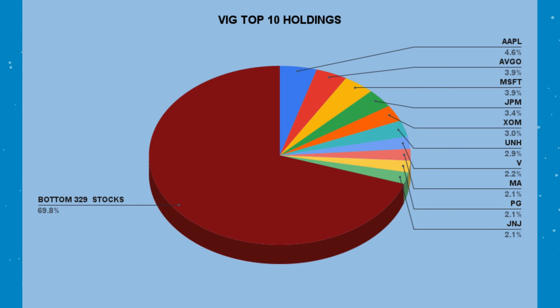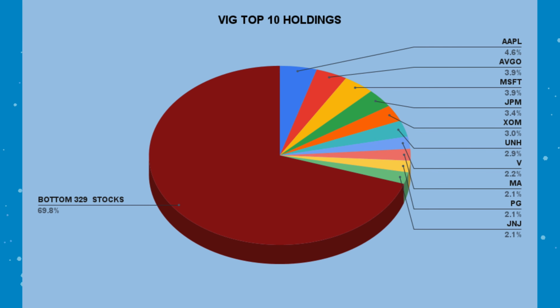Financial and energy sectors are also well represented by JP Morgan Chase, 3.4%, and ExxonMobil, 3%, while United Health Group, Visa, and MasterCard add further diversification. Rounding out the top 10 are Procter & Gamble and Johnson & Johnson, companies known for their consumer-focused products and consistent dividends.